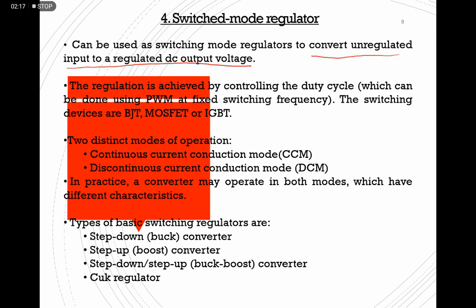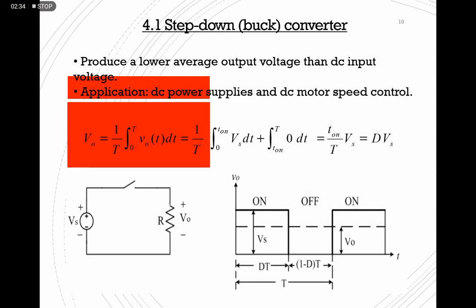These are the basic switch mode regulators that will be covered in this lecture. So we will focus on the buck, boost and also buck-boost converter. First we go to the buck converter.